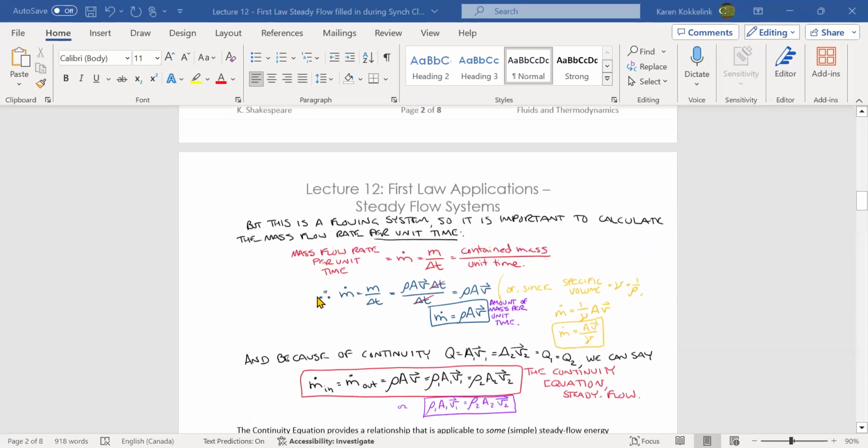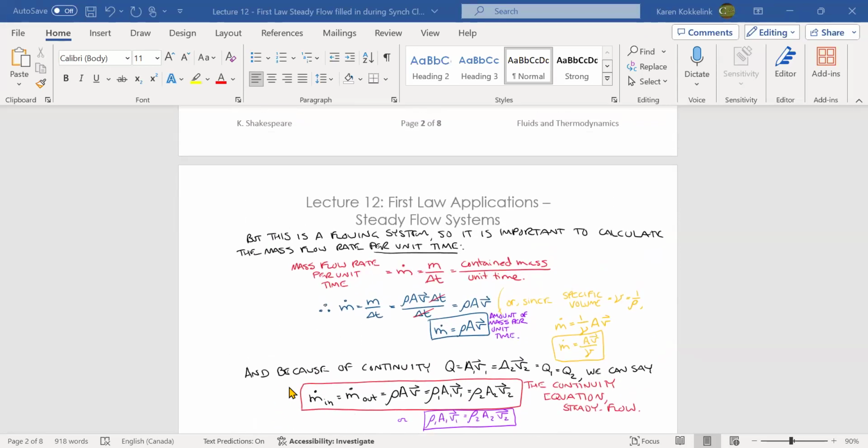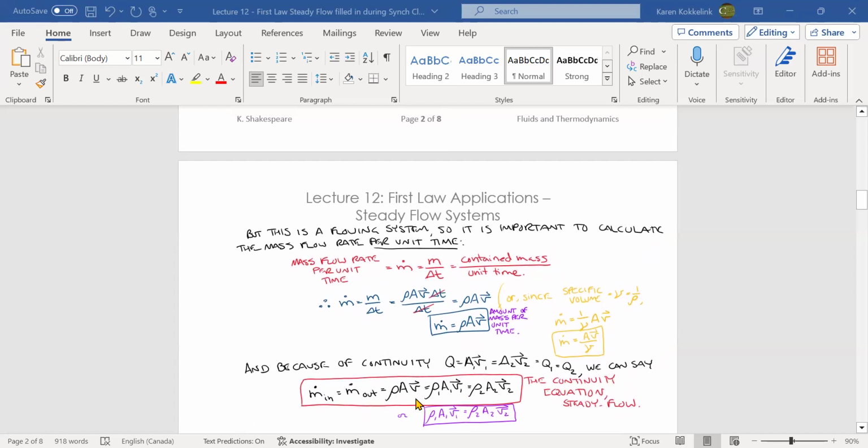What this means in our energy equation is that when we have a mass flow, our mass flow can be represented by rho times area times the velocity of that flow, instead of being represented by m dot times h plus EK plus EP.